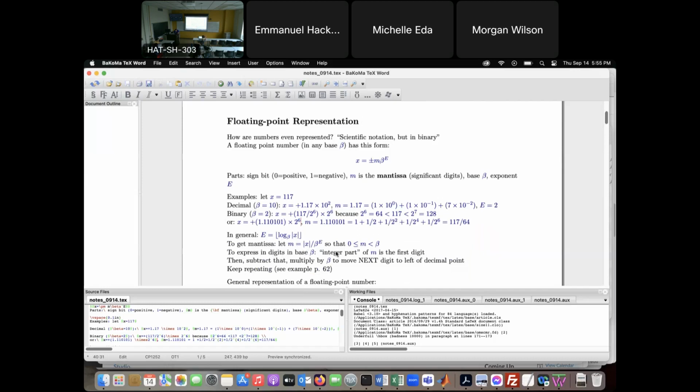So a first digit of your mantissa is just the integer part of your mantissa. And then after that, you subtract it off, and you keep multiplying by the base, move up the next digit. So I'm going to show you an example of what I mean by this, because I know this is totally not clear at all. From the text.